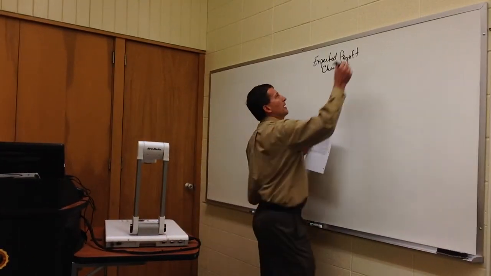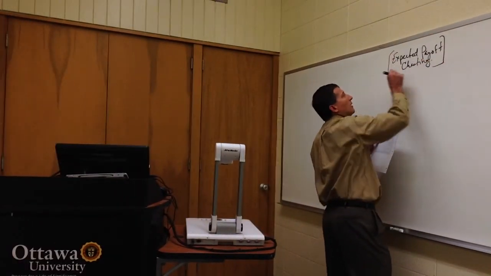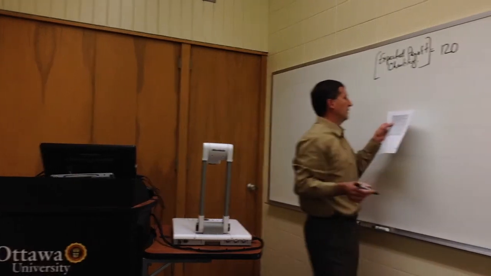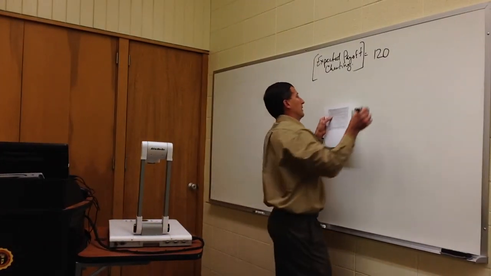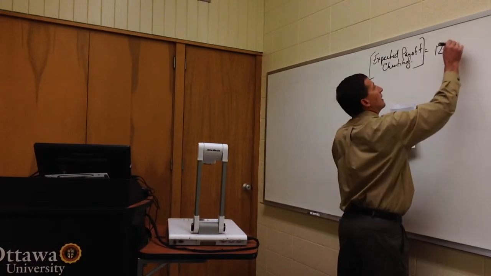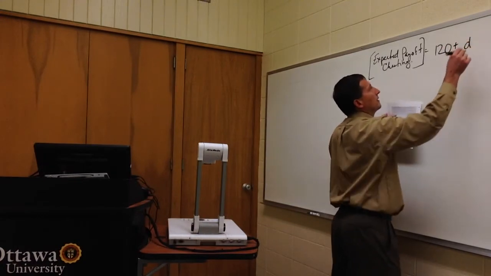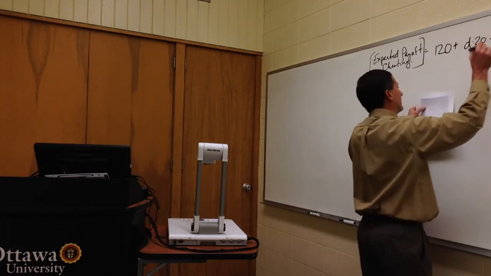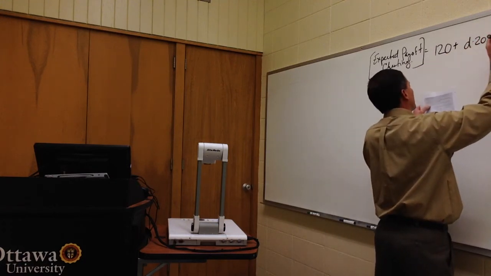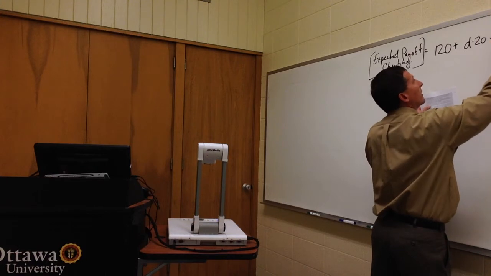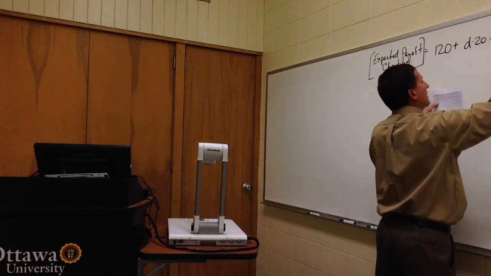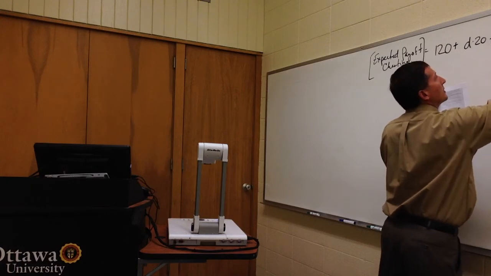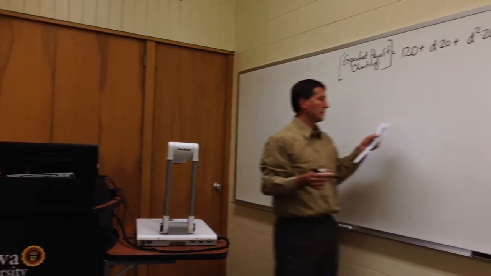So the expected payoff from cheating is equal to 120 plus D times 20 plus D squared times 20 plus D cubed times 20. And I'll explain that in a second.